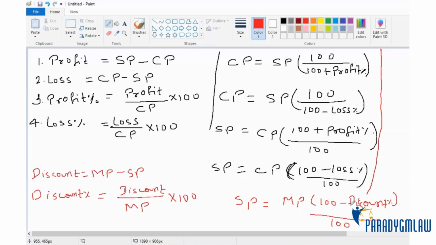If I give you the direct relationship between mark price and cost price, mark price by cost price is equal to 100 plus profit percent divided by 100 minus discount percent.